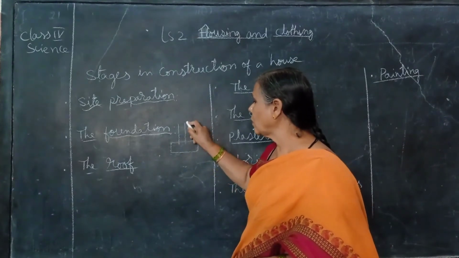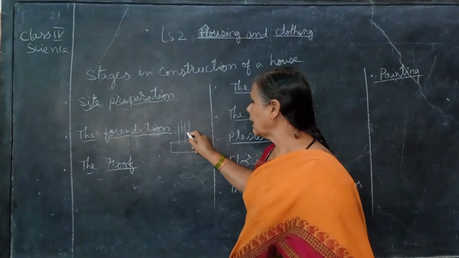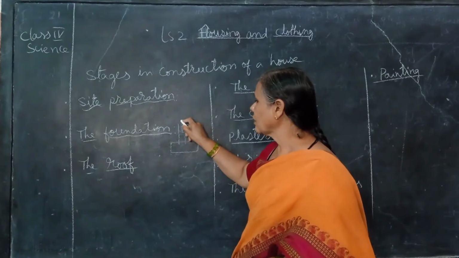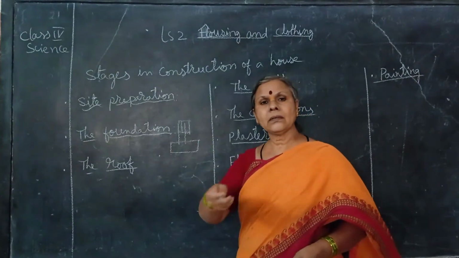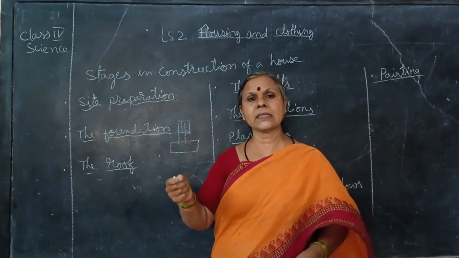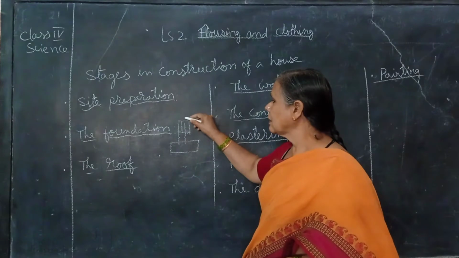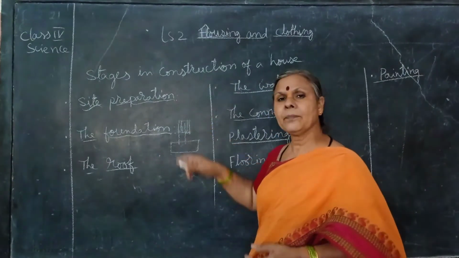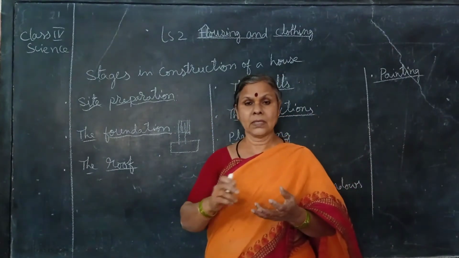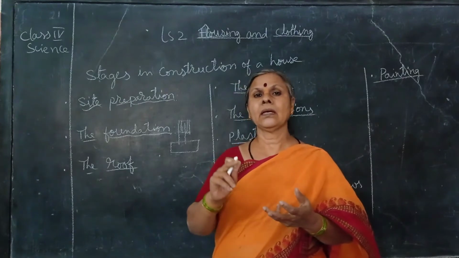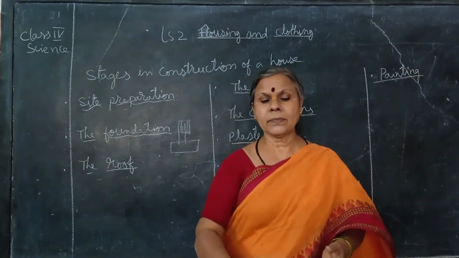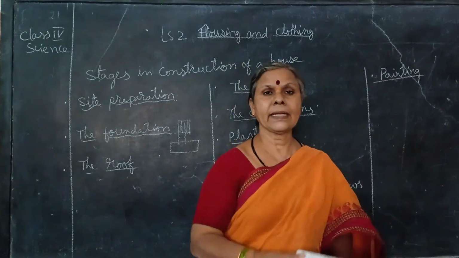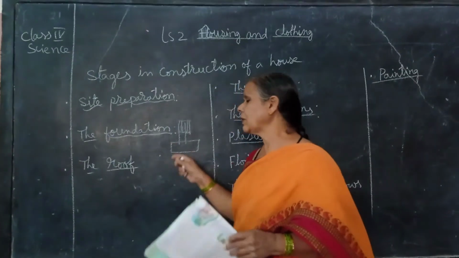These are the 4 rods they will put, and they will tie them with thin iron wires, and in that they will pour the cement, gravel and water. These many things they will take and put here.